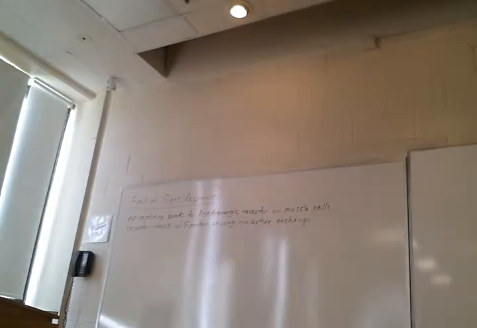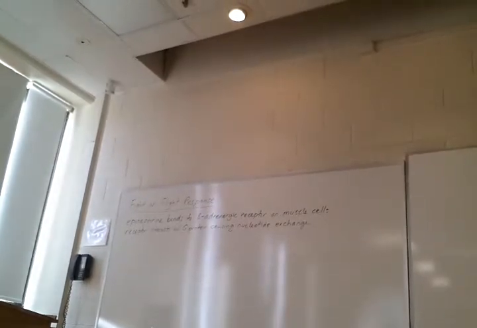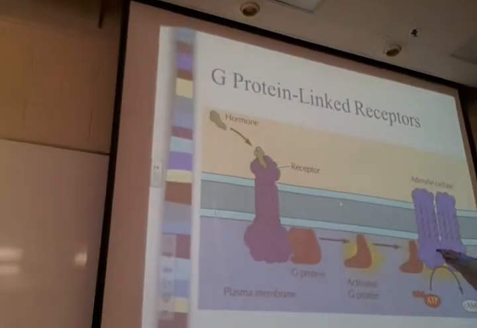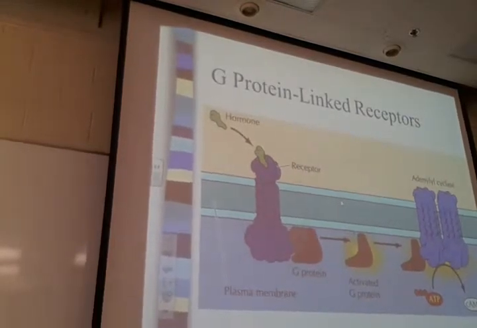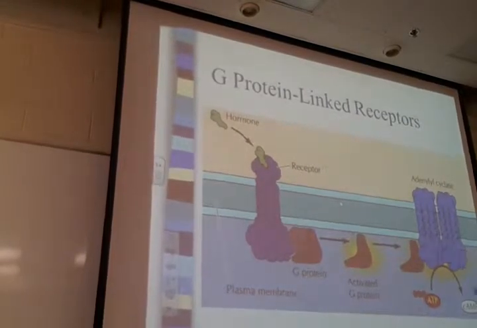That nucleotide exchange is going to activate the G protein, right? In this example, it's the alpha subunit that will trigger the next step. And it is going to interact and activate an enzyme called adenylyl cyclase.